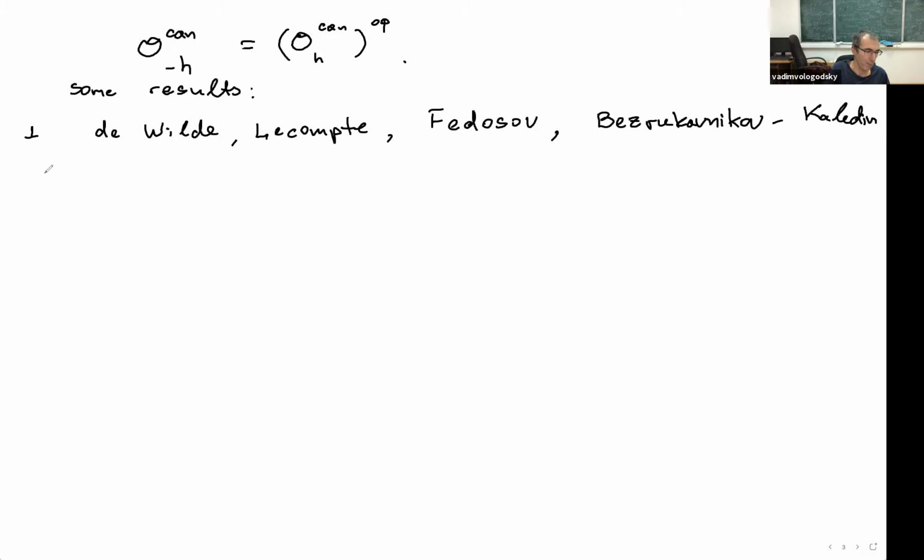They prove the following: if the base ring is C, and X is symplectic, and in addition, they require that certain cohomology of the structure sheaf vanish in degrees i equal to 1 and 2.